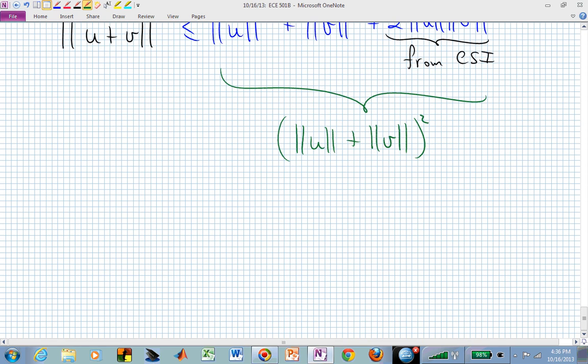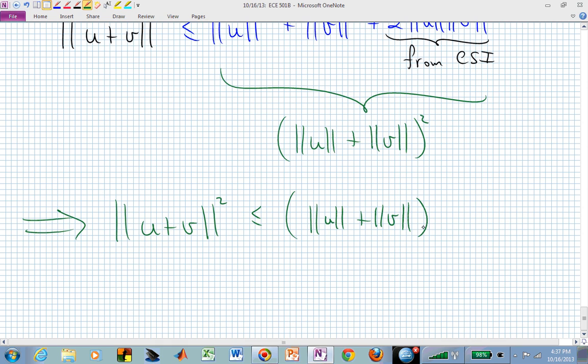Rewriting it that way, now I can say then that the norm of u plus v squared is less than or equal to the norm of u plus the norm of v quantity squared. Or I can now take the square root of both sides and say that the norm of u plus v is less than or equal to the norm of u plus the norm of v.